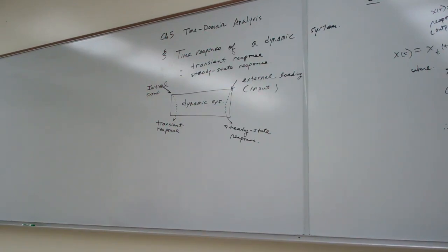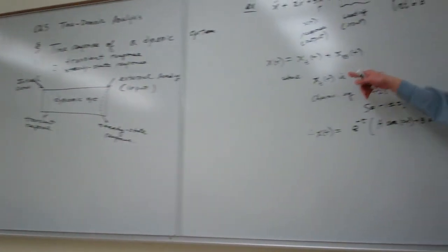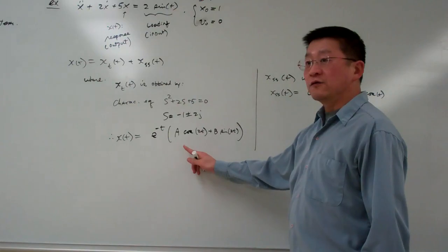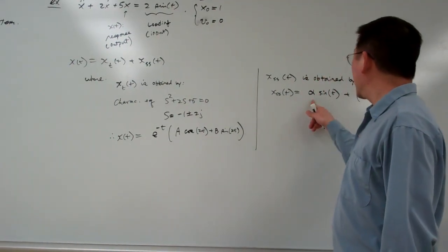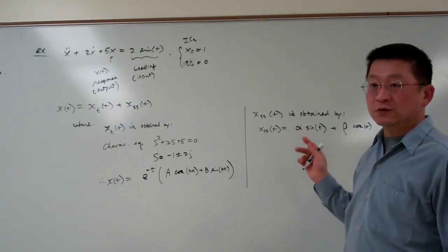Therefore we have the combination of the homogeneous and non-homogeneous terms. In total we have four parameters, a, b, alpha and beta, that we can solve for.